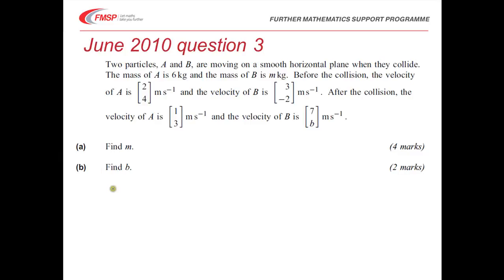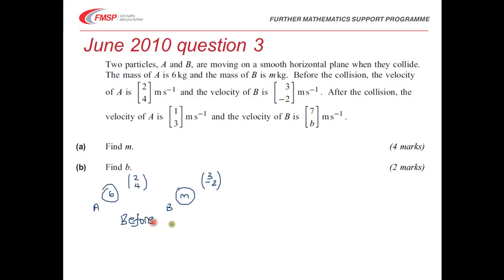So what we've got here are two particles, A, which has mass 6 and has a velocity vector of (2, 4), and then it collides with a particle B, which we don't know the mass, m, but initially it has a velocity of (3, -2). And that's before the collision.